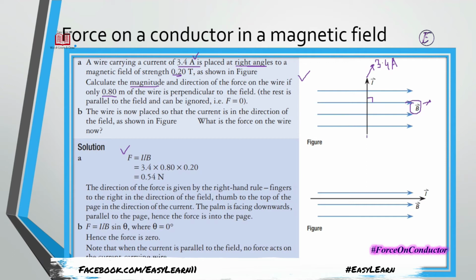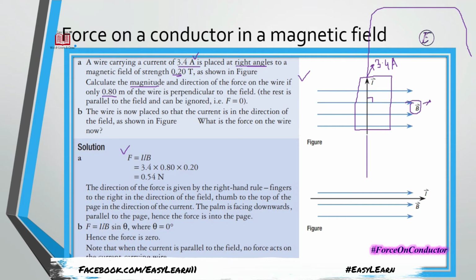If, for example, this wire is long, and from this side too this wire is connected to other appliances and the battery source, we are just trying to consider in our example only the length that is under the influence of the magnetic field, that is perpendicular to the field, at a 90-degree angle with the magnetic field. So we are just considering this length that is affected by the magnetic field lines.